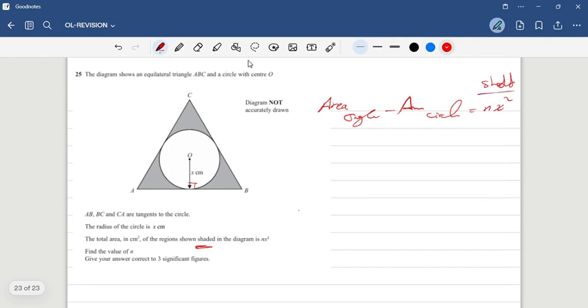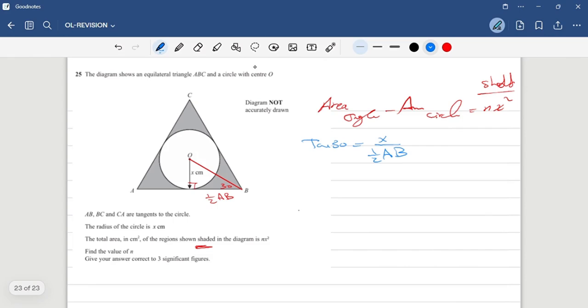Okay, we need to deal with this part. So the first thing, as long as he said that it's 60 degrees, I will draw the line from here to B, and I know that as long as this is 60, this is considered as 30, of course, and this part from A to B is considered as half AB, okay, and this side is represented by x. So I can know that tan 30 equals x over half AB.